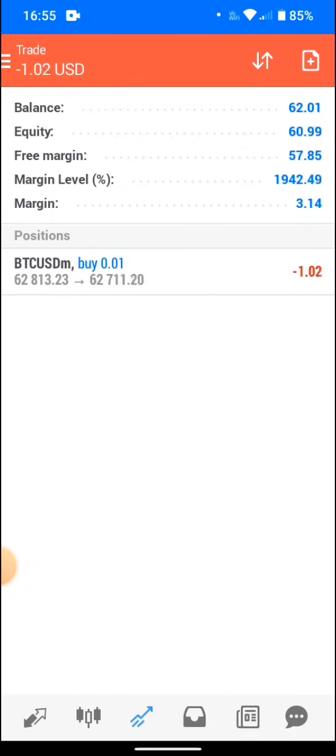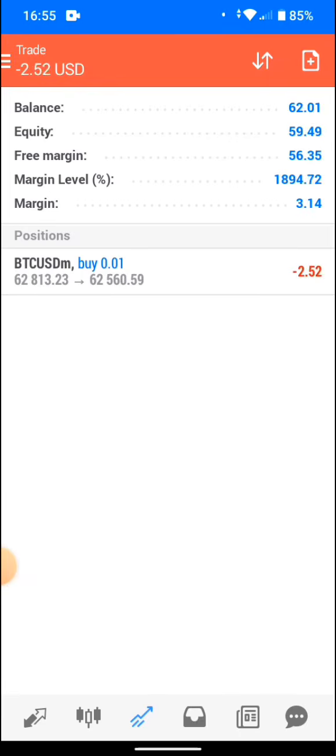But if you use a very big lot size and you're taking a very high leverage, then it becomes a problem. You can't be using a very high leverage and a very big lot size. It's going to affect you. That's what keeps making you blow your account.